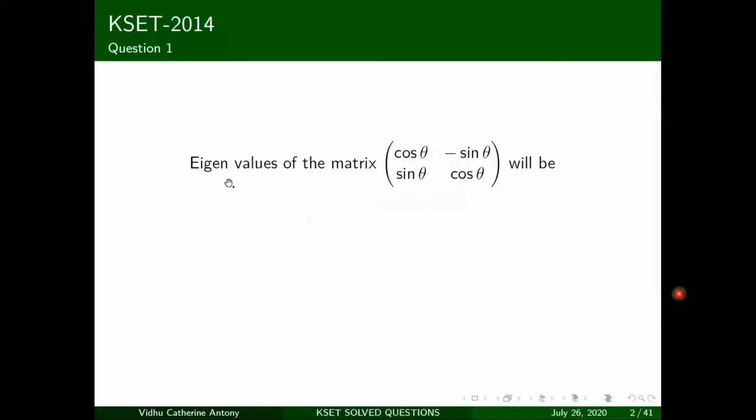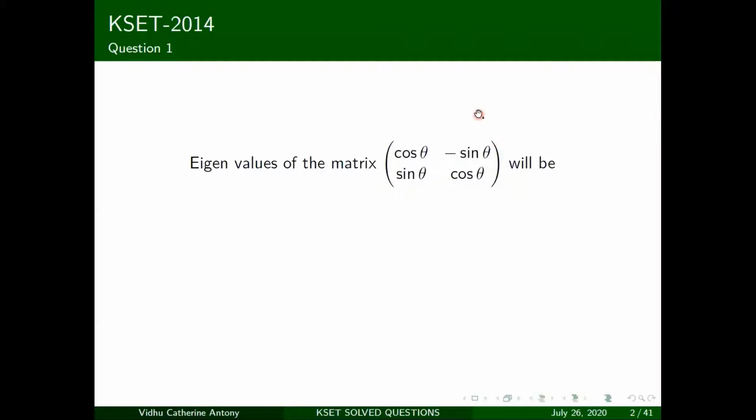Every time, I think this is a standard pattern that they have. They start off by asking you to find eigenvalues. So the eigenvalues of the matrix cos theta, sine theta, minus sine theta, and cos theta will be... don't try to diagonalize this like I said last time. Try to use tricks.